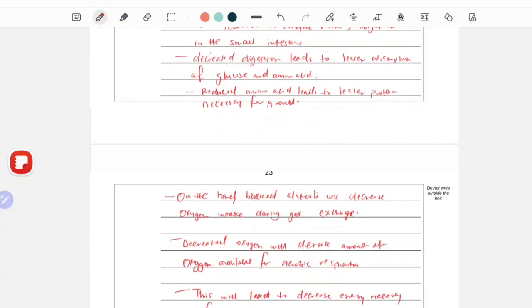Of course, on the other hand, blocked alveoli will decrease oxygen intake, because the oxygen that will be inhaled will be less. So decreased oxygen will decrease the amount of oxygen available for what? Respiration. This will lead to decreased energy necessary for growth. If you write this, I'm very sure you're going to get the extra 3 marks, which is for logical linkage.